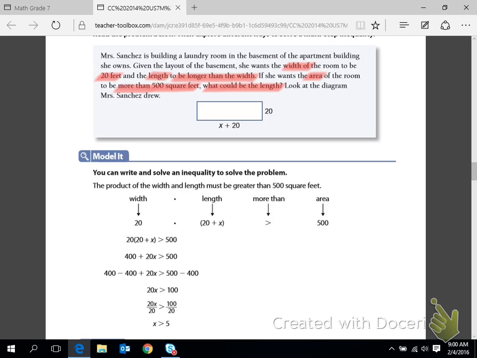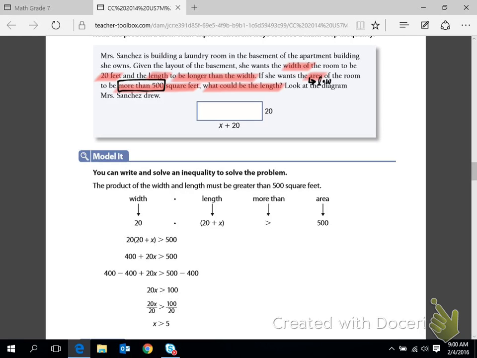How are we going to find an area? We're going to multiply the length times the width. And when we do that, we want that to give us a number that is more than 500.